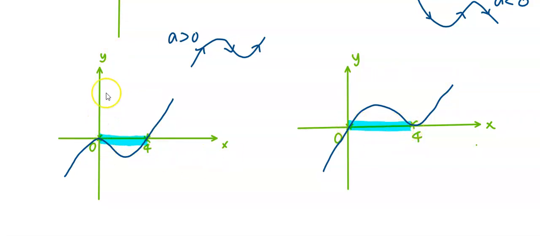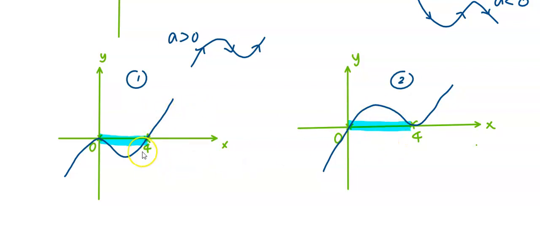For case 1, from 0 to 4, the value of y is below the x-axis, which means a negative value of y when x is between 0 and 4. For the second case, for any x value between 0 and 4, the value of y is a positive number. So we want to know which one happens.